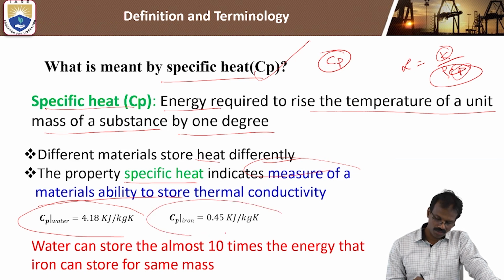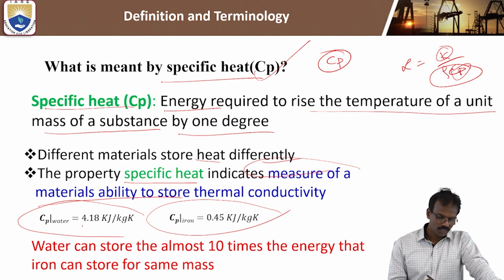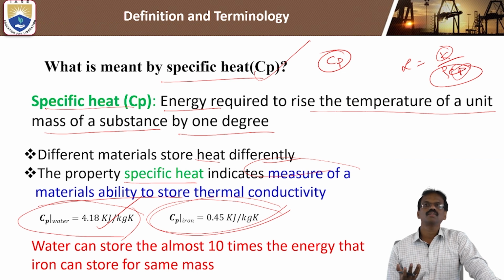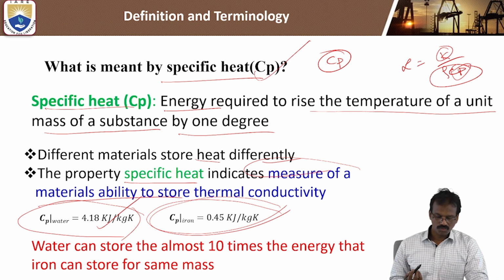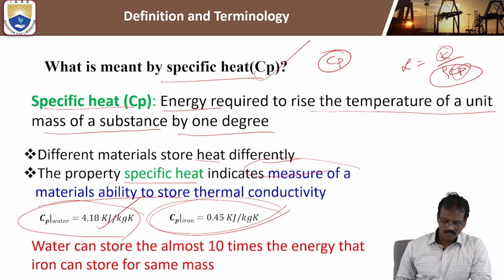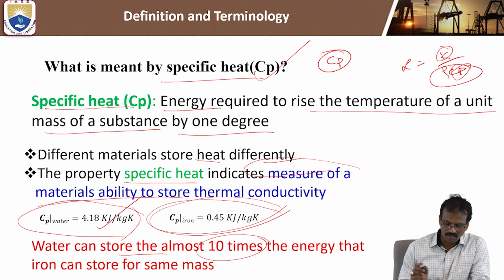Specific heat of iron is 0.45. It means the specific heat of water is about 4 times greater than that of iron, so water has the ability to store more heat energy compared to iron. Water can store almost 10 times the energy that is stored in iron.